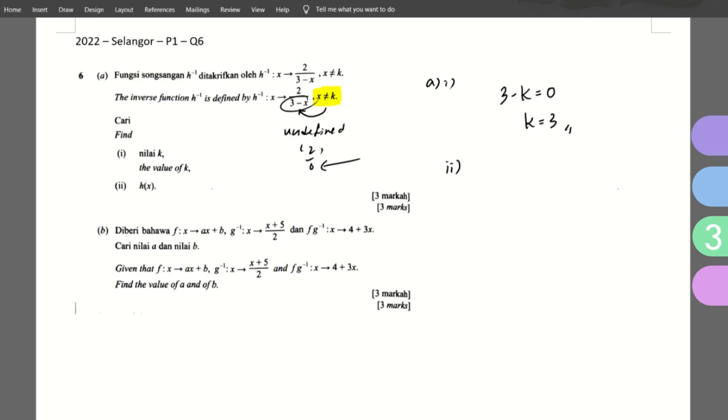Here I would like to introduce a 3-step method to transform inverse to original. But before that, we need to let something first. So here we will let y equal the function given, h inverse, and this thing. Where does this come from? It's actually from the original one. How do you get it? It's actually quite easy.